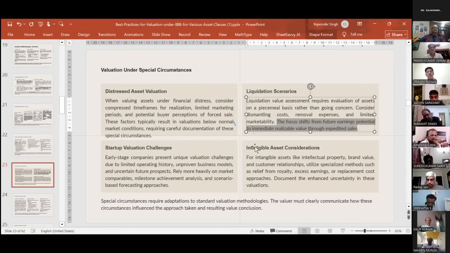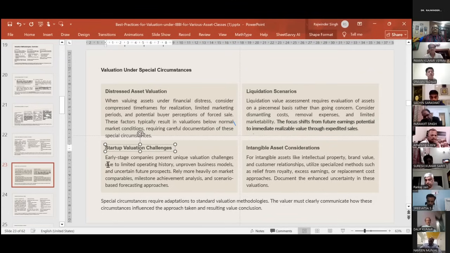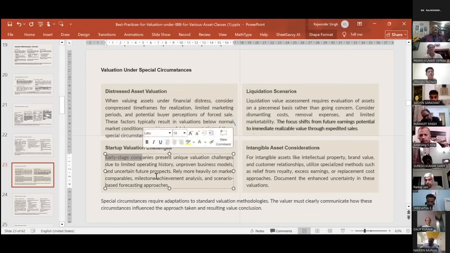Then when you are doing valuation of a startup, the main challenge is that early stage companies present unique valuation challenges due to limited operating history, unproven business models, and uncertain future prospects.